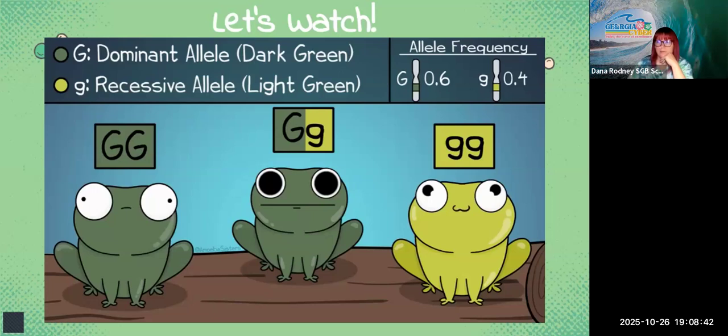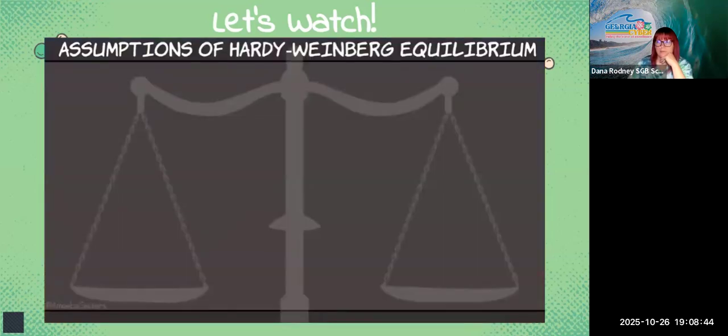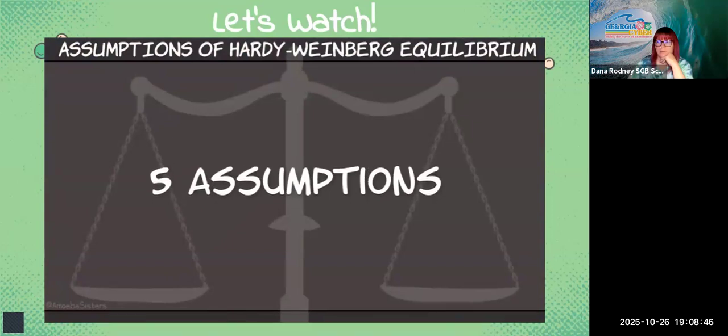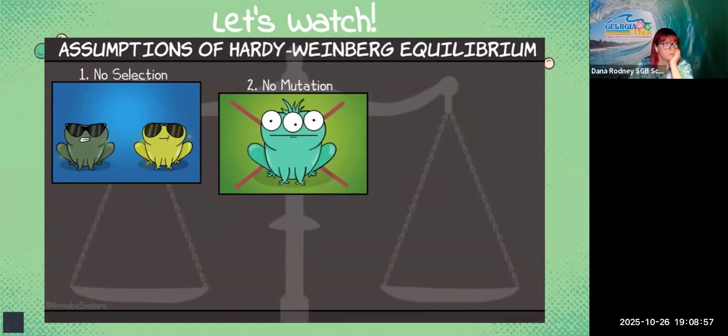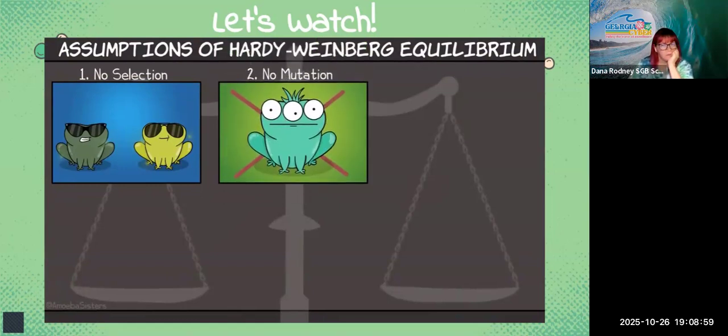Now, to be in Hardy-Weinberg equilibrium, we have to have 5 assumptions. Number 1, no selection. No natural selection is acting upon these frogs. That means neither dark green nor light green will have any impact on reproductive fitness. Number 2, no mutation. Baby frogs inherit genes from their parents and there are never mutations. Number 3, no migration.